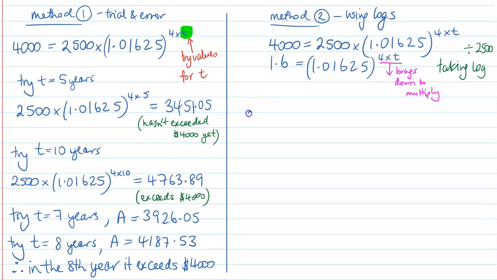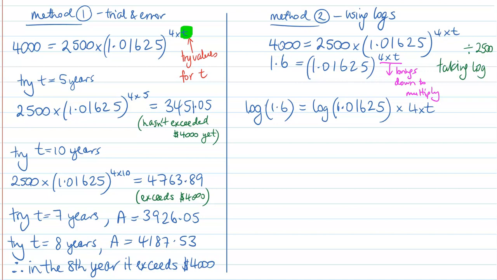So then I show that I've taken the log of both sides. And I show that I've brought down my indice.